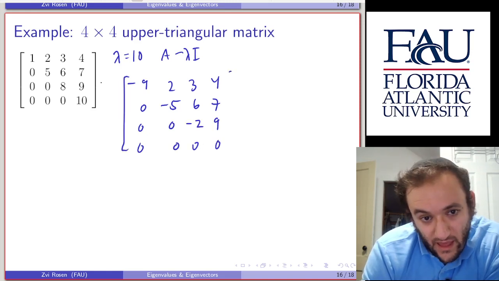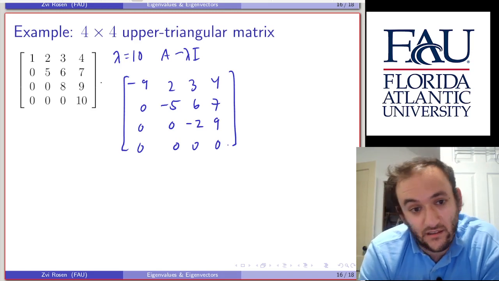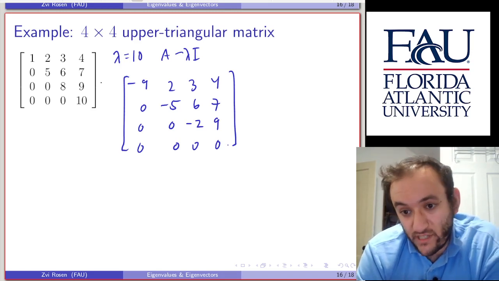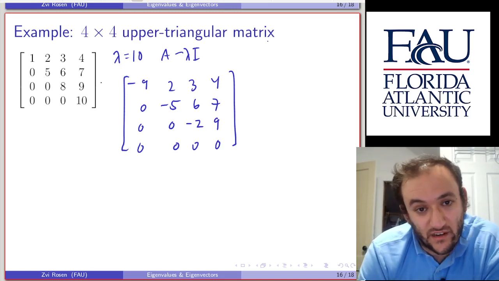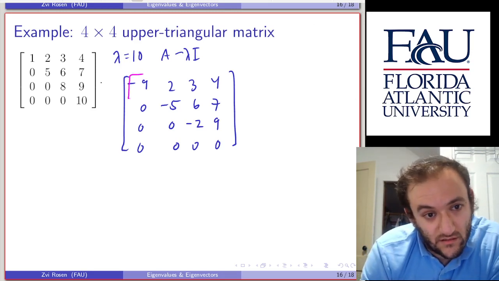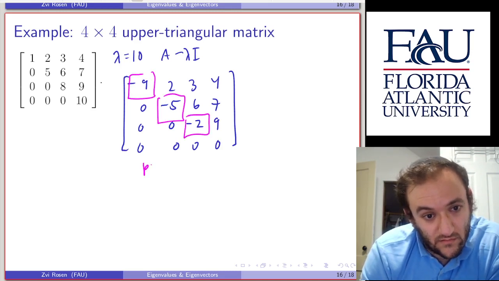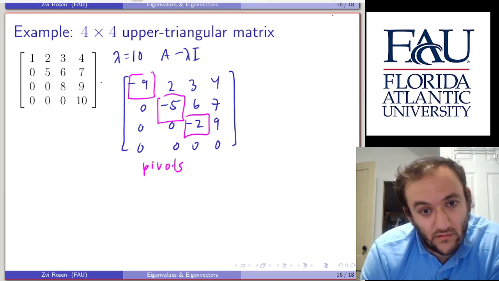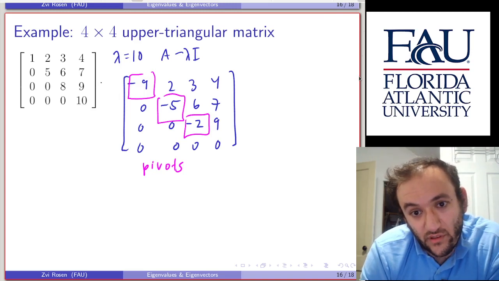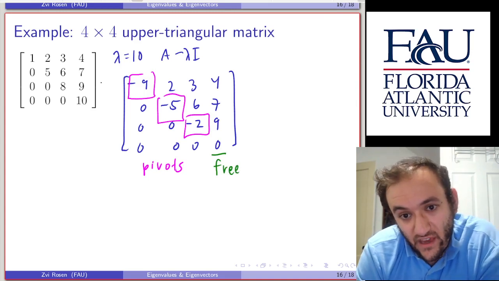Okay, and now you just have to do standard row reduction to get a system. So these are going to be our pivot variables. And then we'll have one free variable in green. So x4 will determine the values of the others.